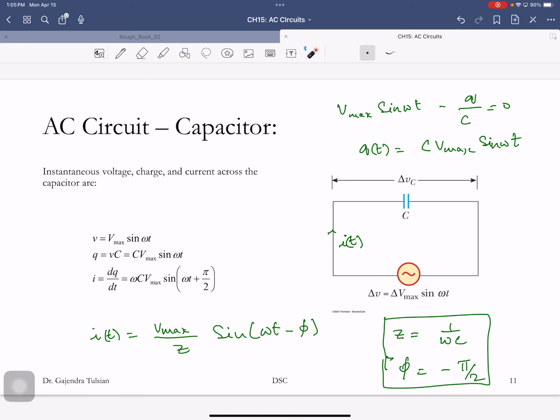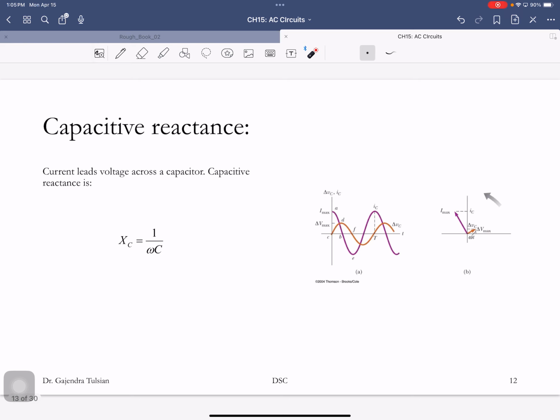For a capacitor, Z is 1 over omega C, and phi is minus pi by 2. So those are the three basic elements. For a capacitor, the impedance is 1 over omega C. Again, the reactance of a capacitor decreases with frequency.